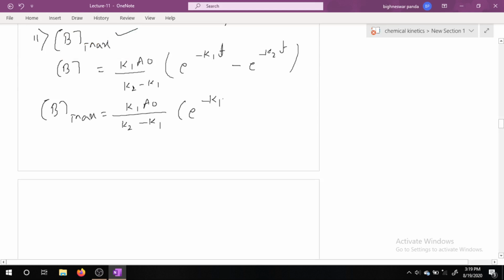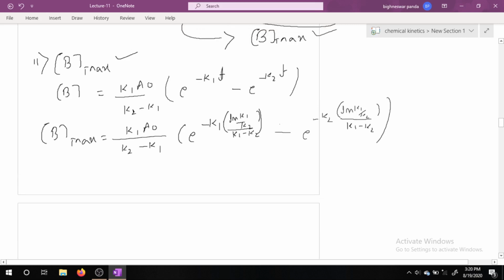e to the power minus K2 into the same time, divided by K1 minus K2.